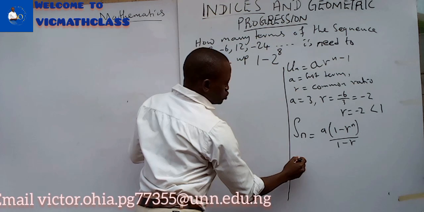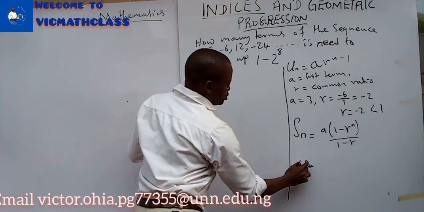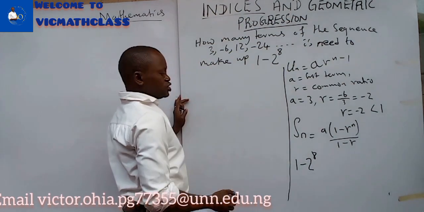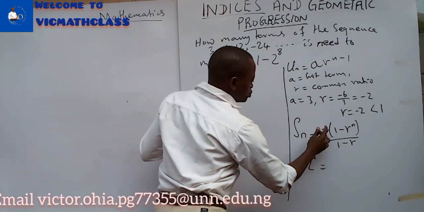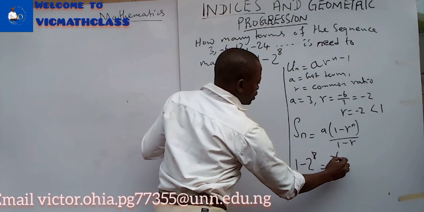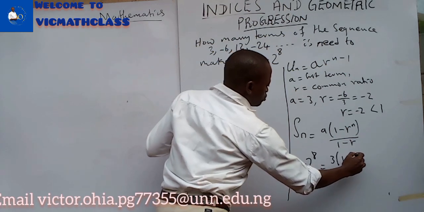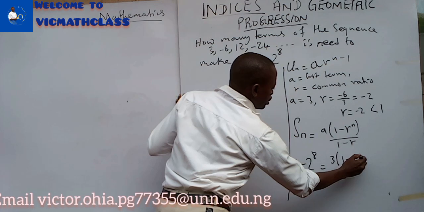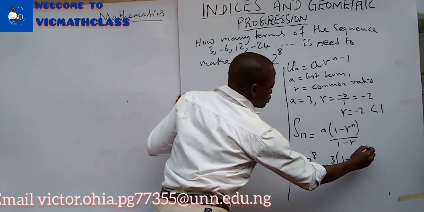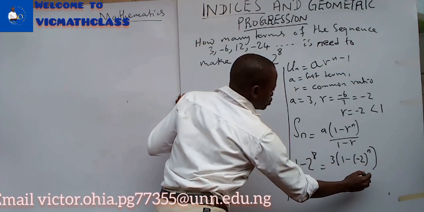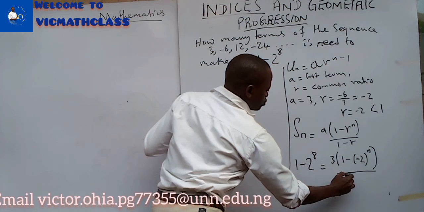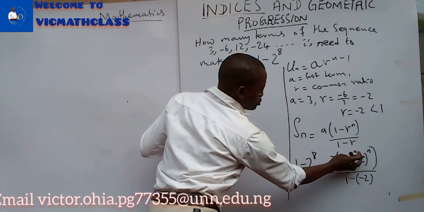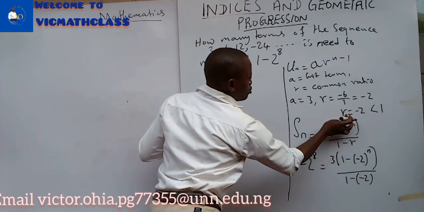So you can now make a substitution and say 1 minus 2 raised to power 8, the sum of those terms, equals the first term, 3, in bracket 1 minus minus 2, because the common ratio we have is minus 2, raised to power n, all over 1 minus in bracket minus 2, because this r is the common ratio, minus 2.